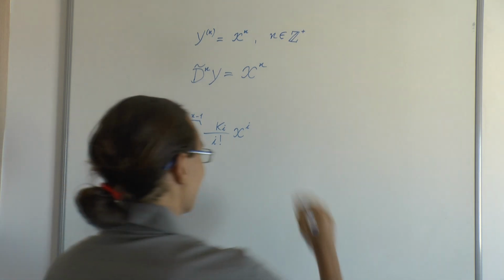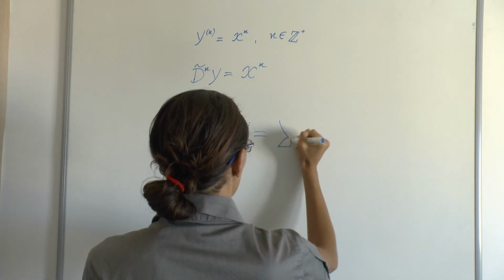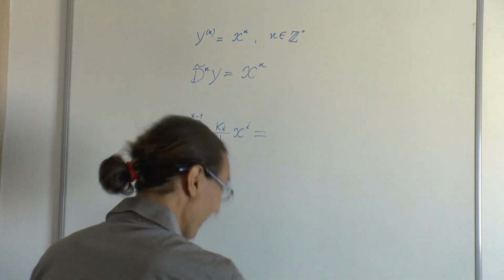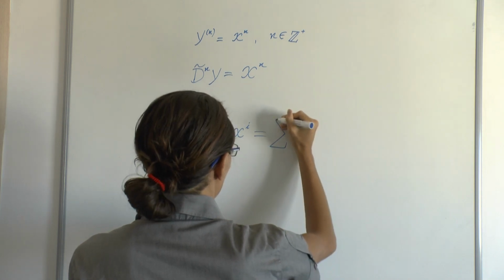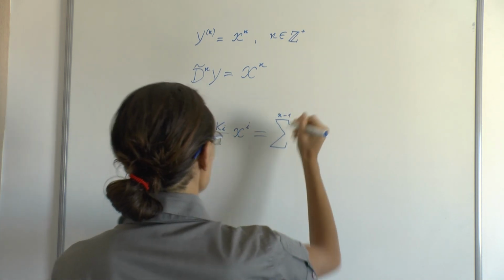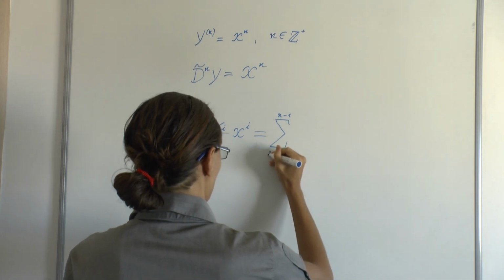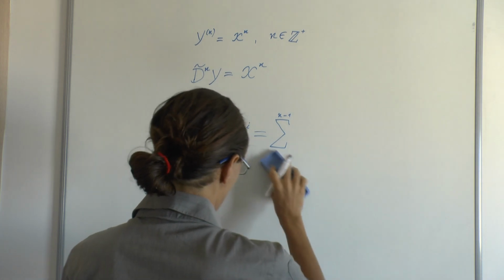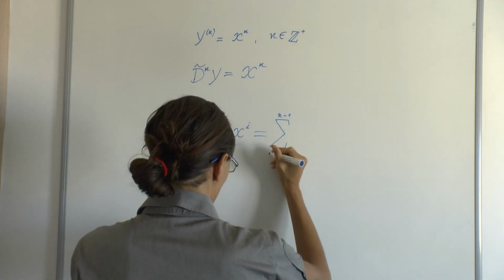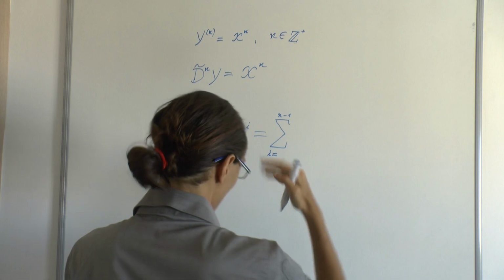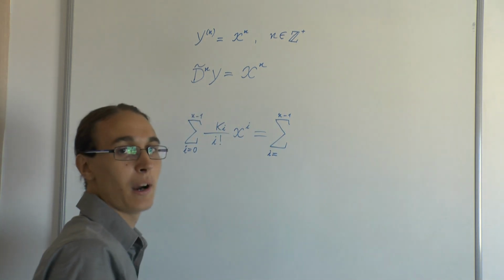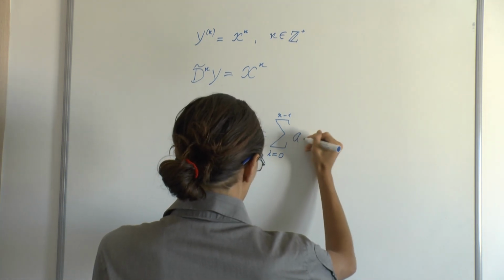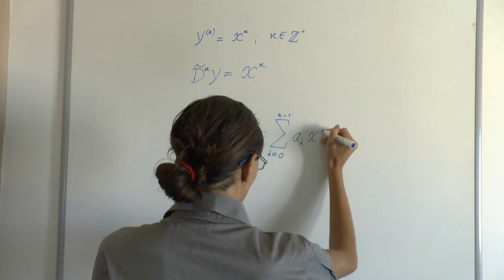But hold on, this is actually equal, that is a sigma, to our homogeneous solution from the first method. The index is arbitrary, it could be whatever letter you want, but let's just keep them the same: a_i x to the i.